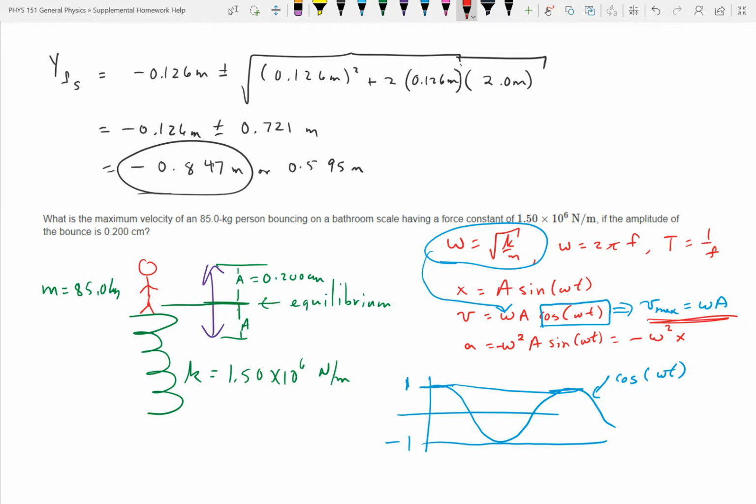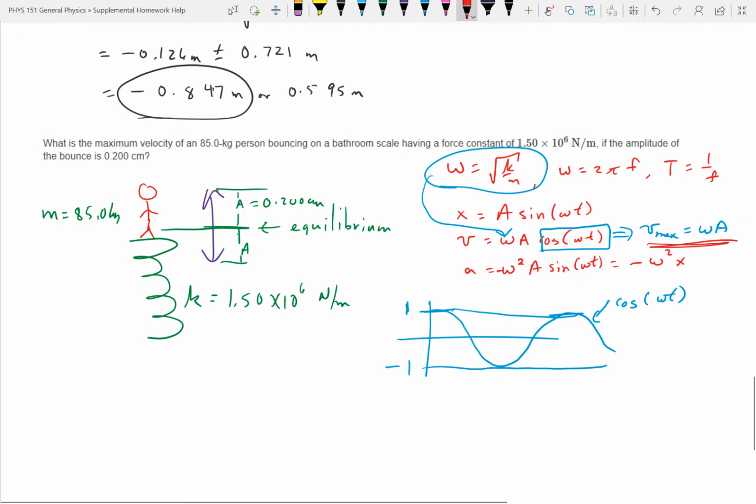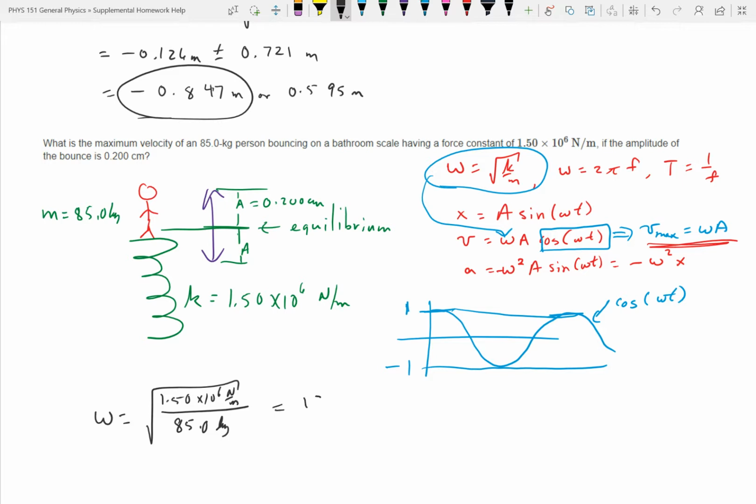So going with what was said, we calculate omega, and then we just have to multiply by the amplitude. What do we have? 132.84 radians per second.